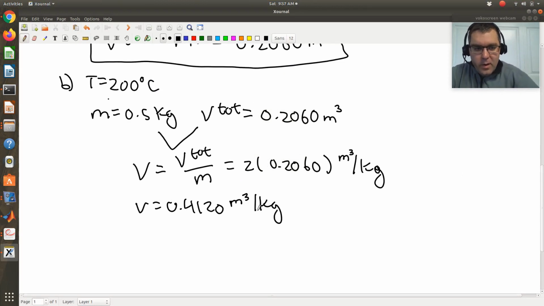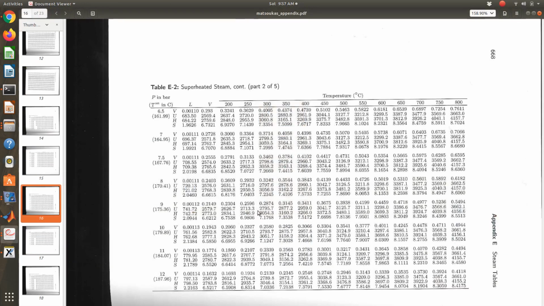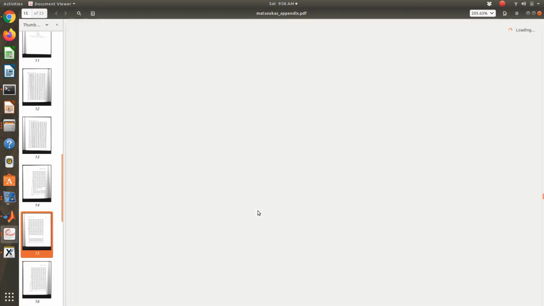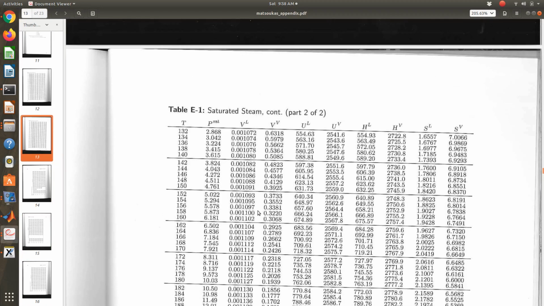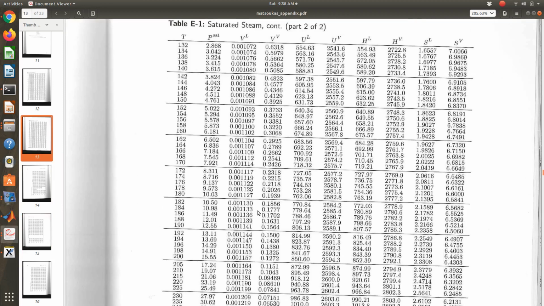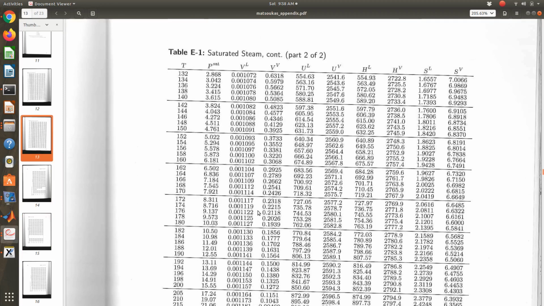Now I'm going to go back to my steam tables. I first need to determine what phase I have, which is actually the next problem. So I'm going to go to my saturated steam tables, because 200 degrees is on here.